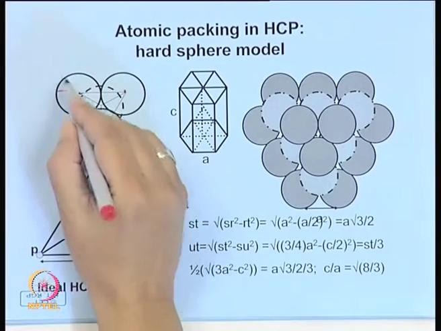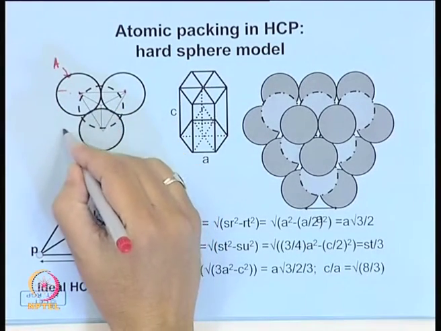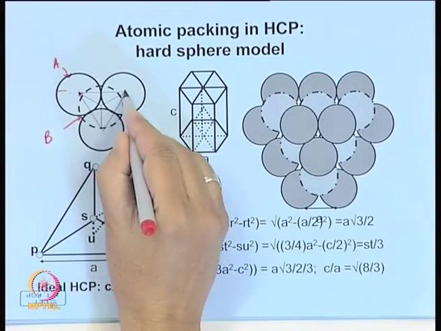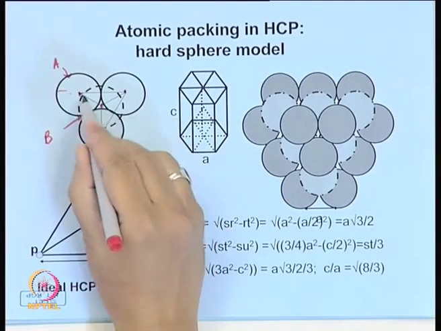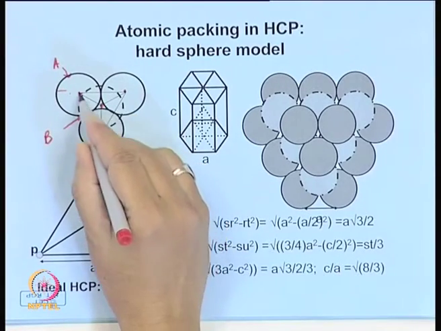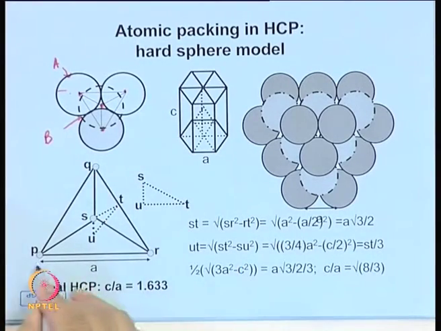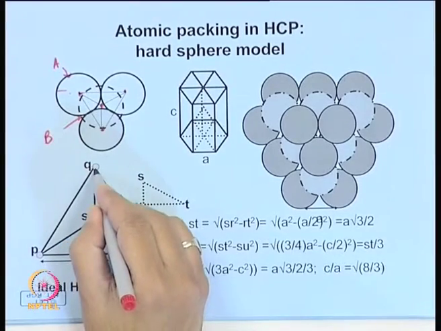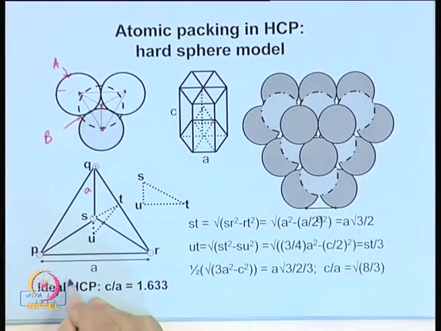Now, here this is the layer A. Now, let us see, this is the layer B. If you join the centers of each of these spheres, what you get is a regular tetrahedron, and this side is a, this side is also a, this is a, this also is a, QS is also a.